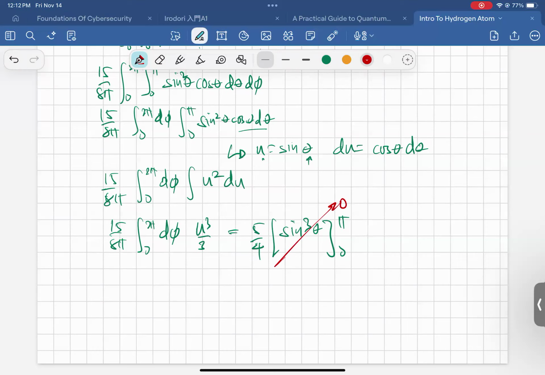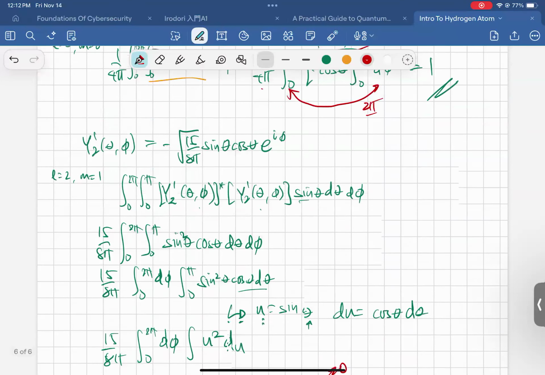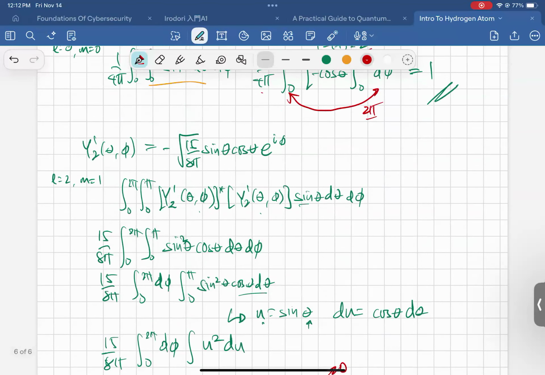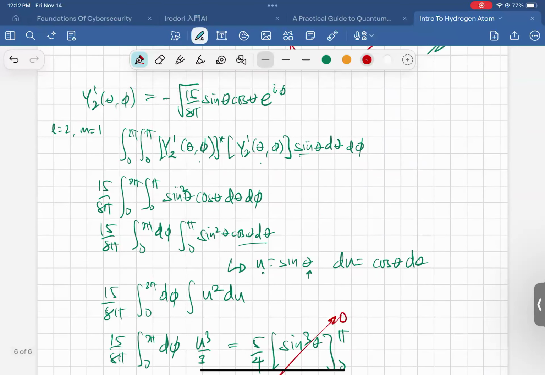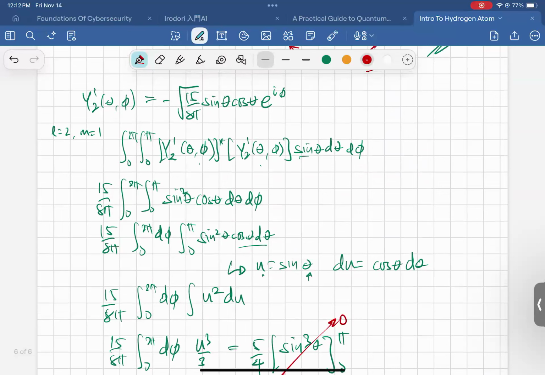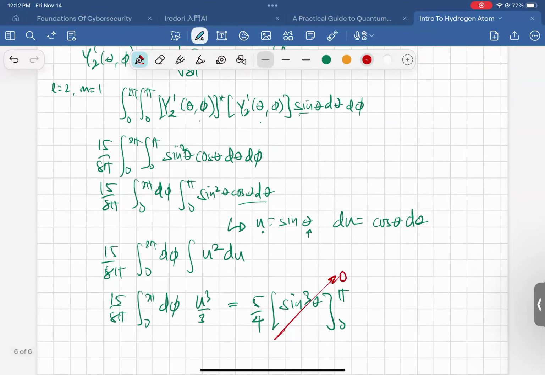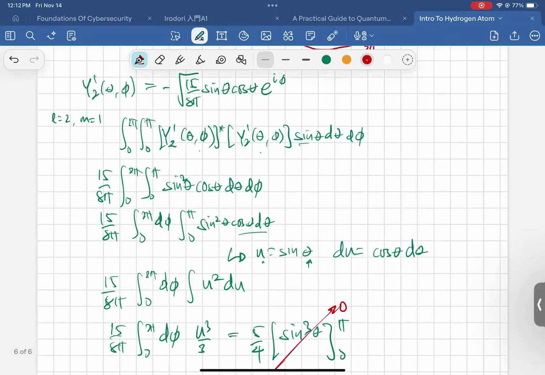Okay, teka, anong ginawa ko dito? Okay. Mali, mali, mali, mali. May sine theta, cosine theta ka dito, may sine theta, cosine theta ka dyan, and of course, mag-square silang lahat.